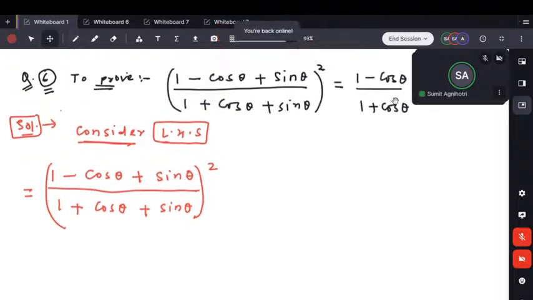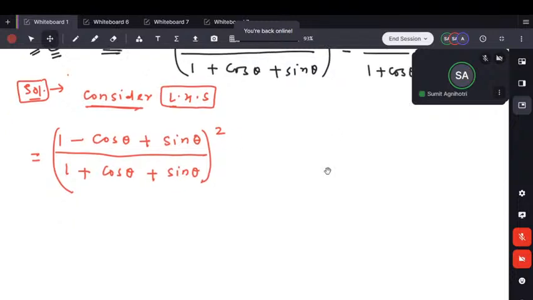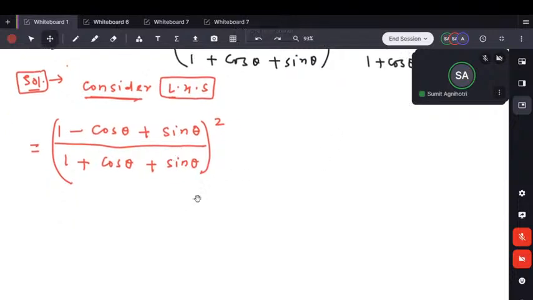We want cos in RHS. Now the question arises, which value should we consider here, because it is a square. That means it is the formula we are supposed to use here.